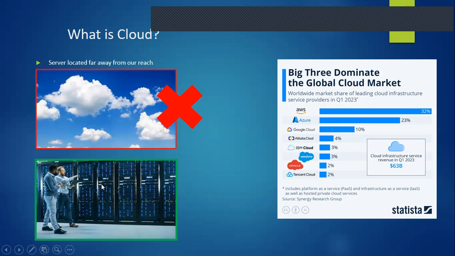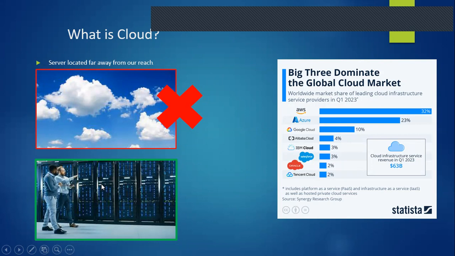One basic example of cloud is Gmail and Google Drive. I assume everyone on the call has interacted with Google Drive one way or the other. With Google Drive, we can seamlessly access our data no matter where we are, no matter which device we are on. Let's say I have a Google Drive account.